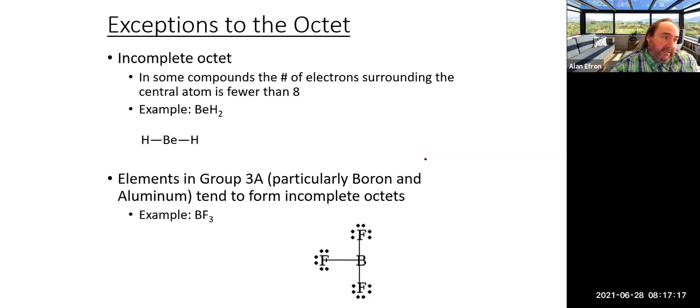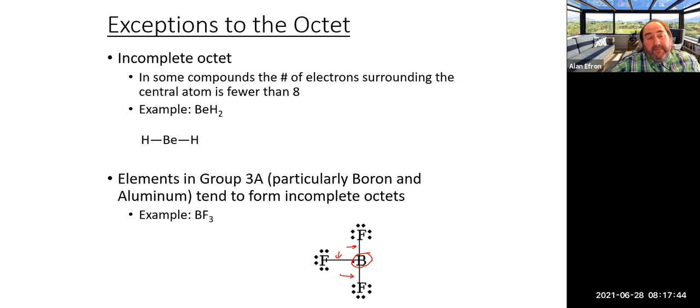Beryllium, to an extent, is also included in here. Although beryllium is a metal, so it can behave a little bit like a non-metal. But boron is probably the one that you will see the most. And as you can see here, the boron in boron trifluoride has 2, 4, and 6 electrons around it, and it's perfectly happy with it.